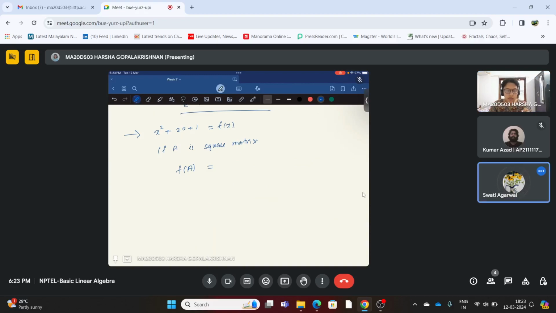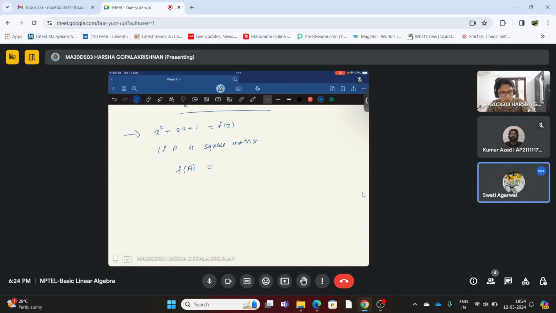Function of x is x squared plus 2x plus 1. For f of A, we are taking a matrix A and mapping it using this quadratic equation.